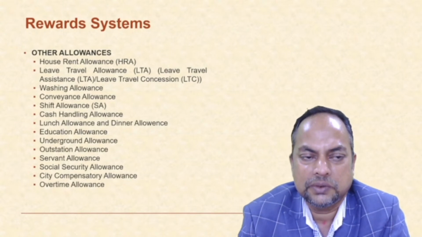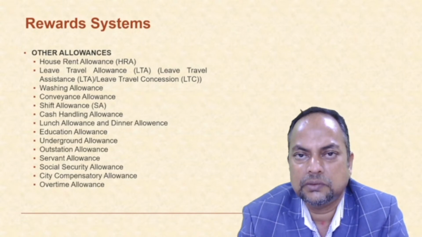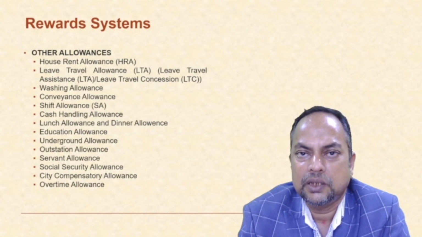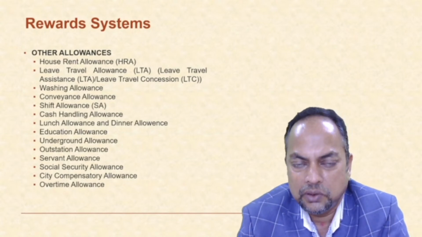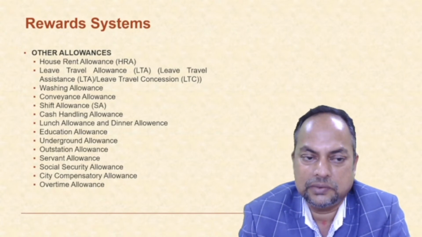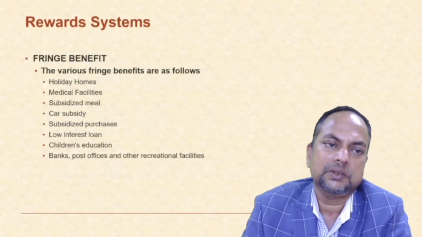But you need to think of certain standardized allowances that will make the employees engaged, that will make the employees productive, and that will ensure the employees are being taken care of. So these are the things we need to consider.